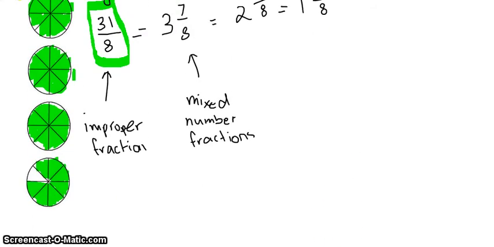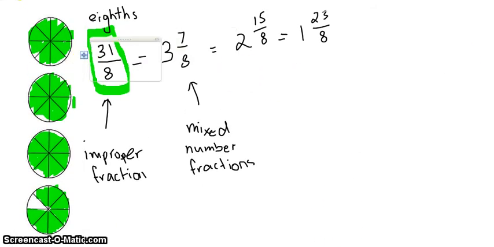So just like what we did here, that's what I think you should practice. Maybe think of 24/7 and see if you can draw that as pictures, write it as mixed number fractions in different ways, and just practice being able to write those fractions in different ways, even though it's representing the same picture.